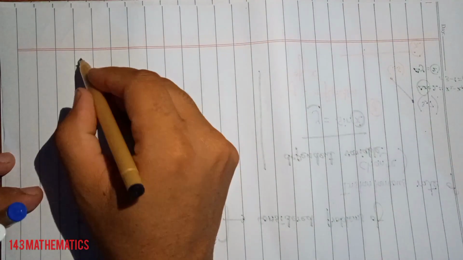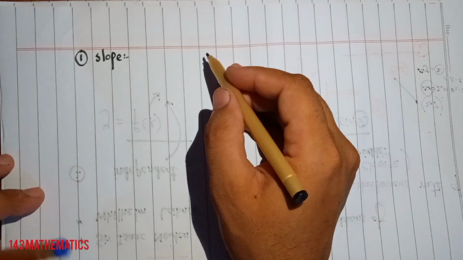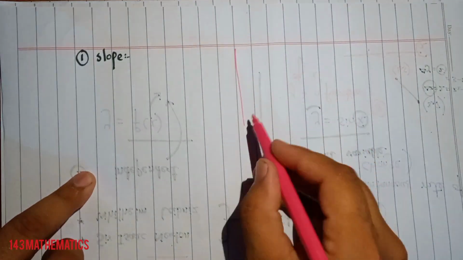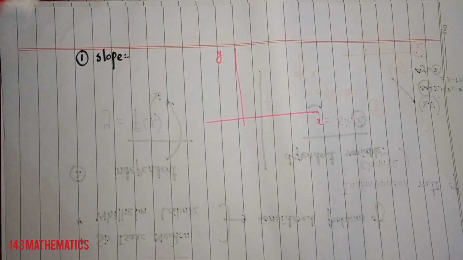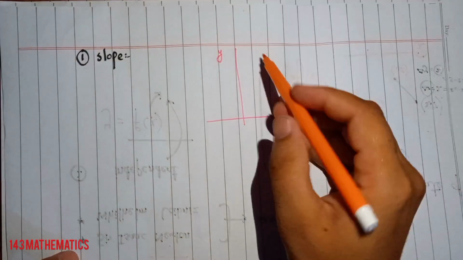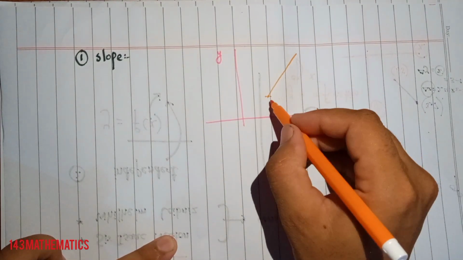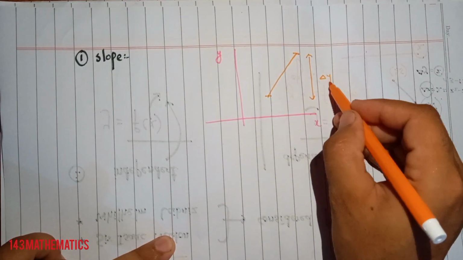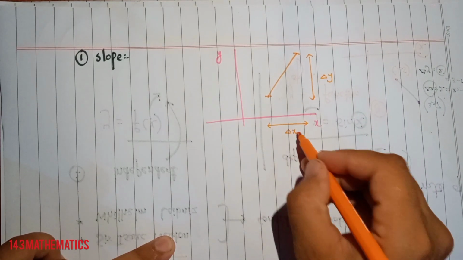Further, we know about slope. If I draw a picture of slope, this is the x-axis and this is the y-axis. To find the slope of this line, this is point 1 and this is point 2. Here is the change in y, we write delta y, and from this point to this point is the change in x, called delta x.